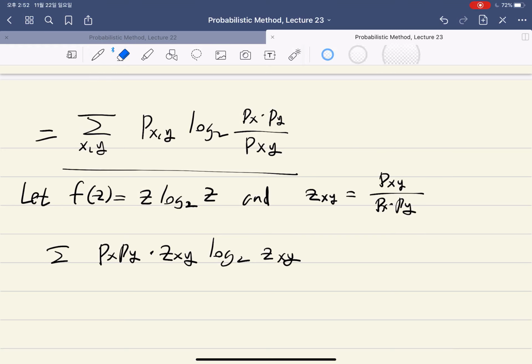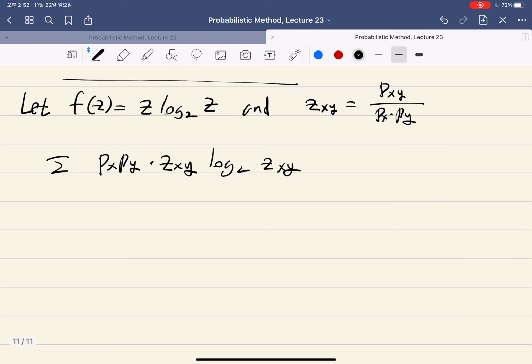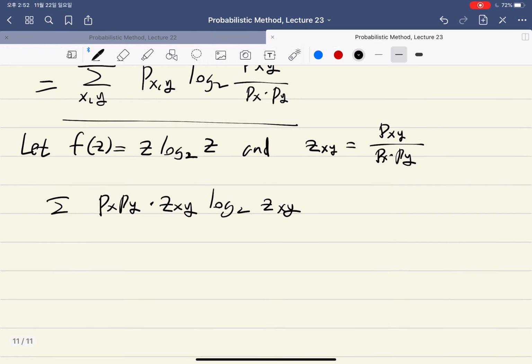So this minus, you can flip this to, yes. Okay. So this is what it is, and you can rewrite this as px py times f of gxy.